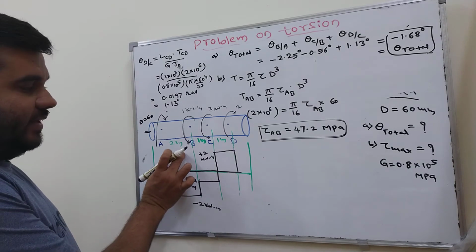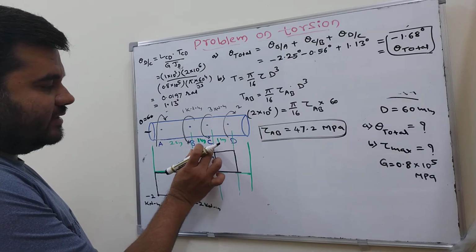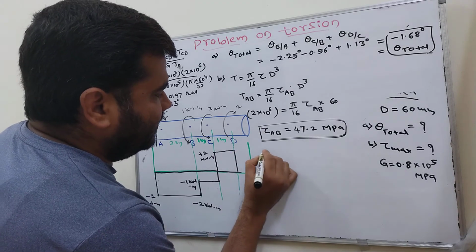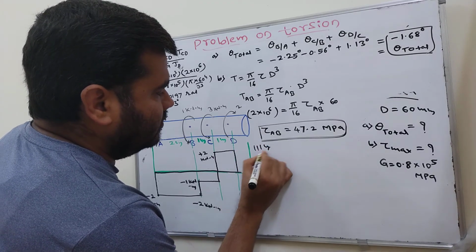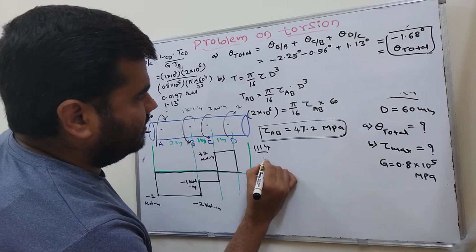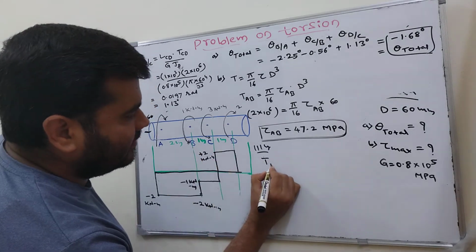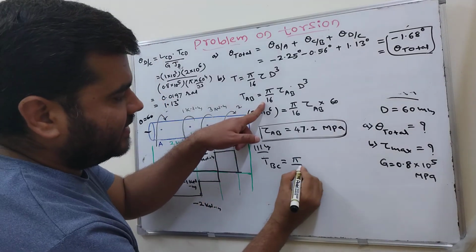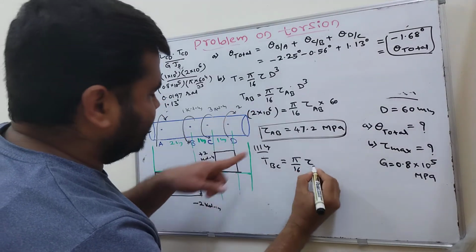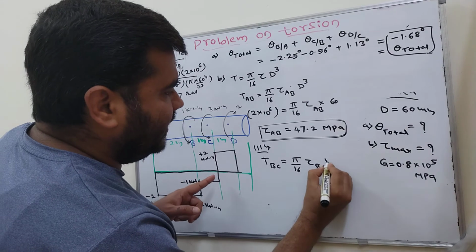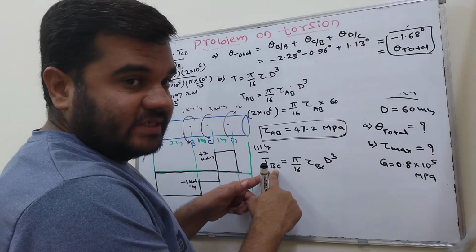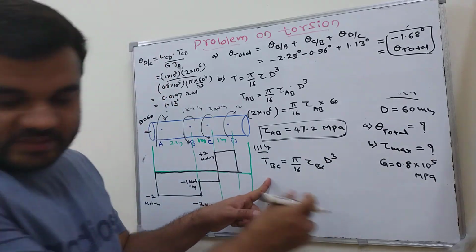This is section AB. Now similarly calculate the shear stress at section BC. What is the formula? Similarly, torque at section BC equal to pi by 16, same apply, pi by 16 shear stress at section BC into d cube. So how much is the torque at section BC? We calculated it before, I just erased it here.